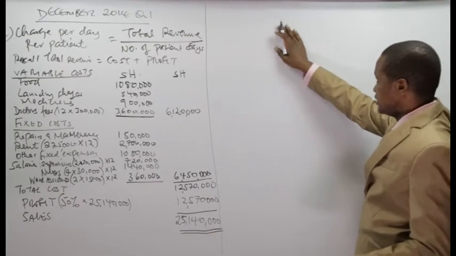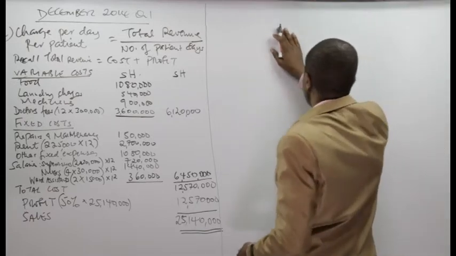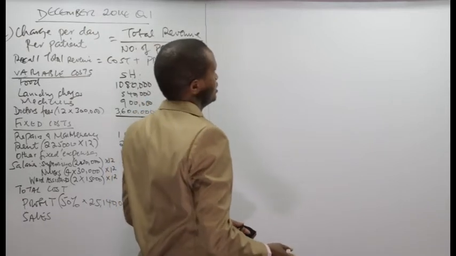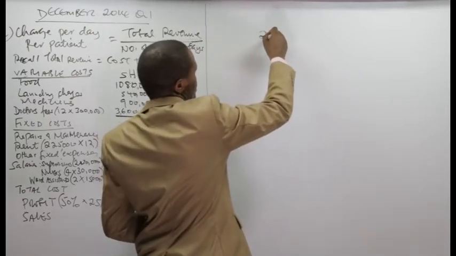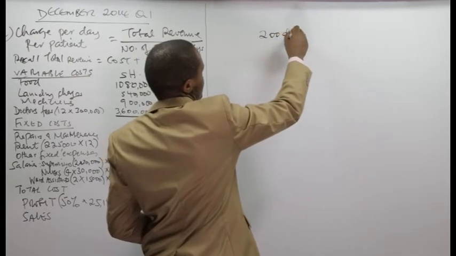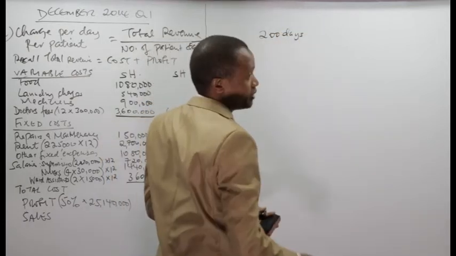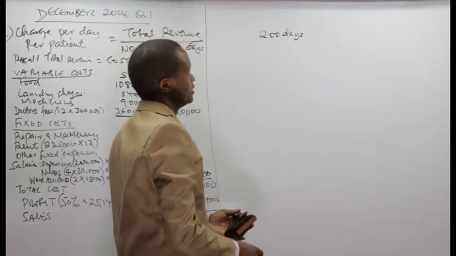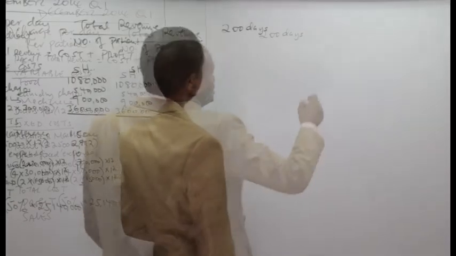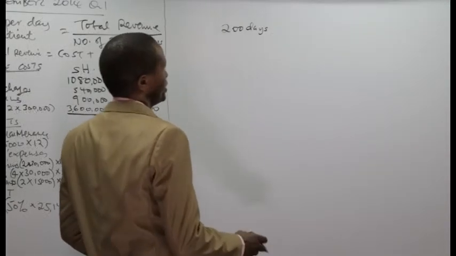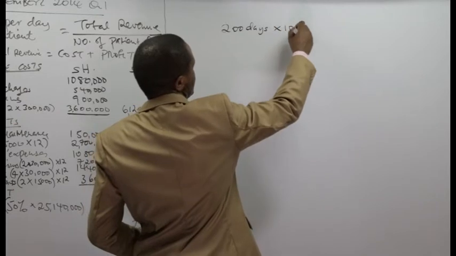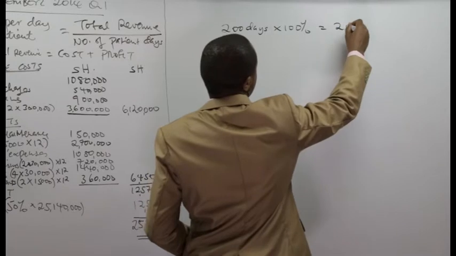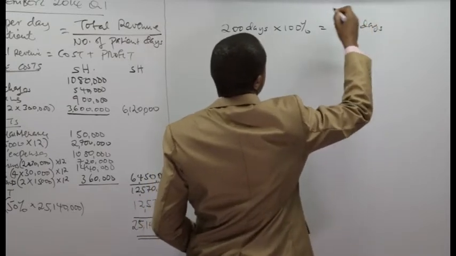Out of the 300 days, we had 200 days that operated at 100% bed occupancy. 100% of 200 is 200 days.